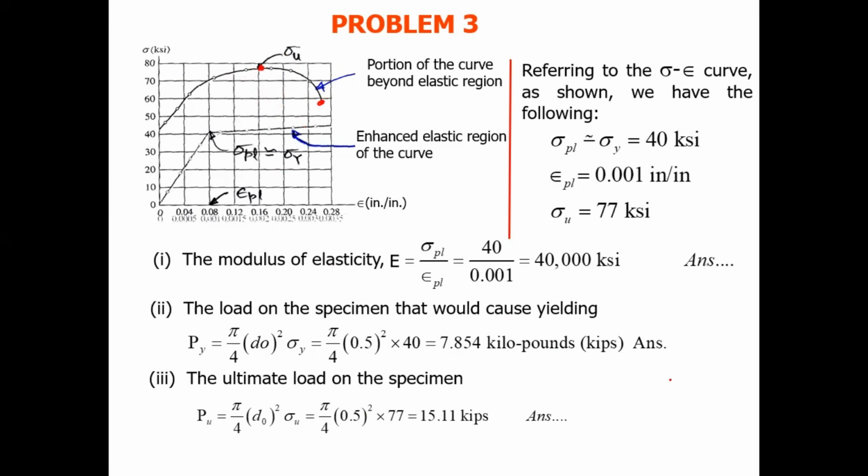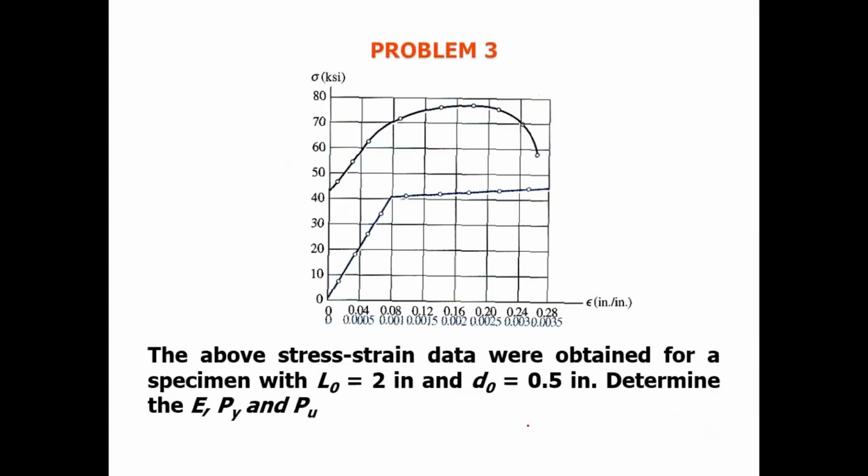Now we know that stress equals load per unit area. So when we multiply stress by area, it will give you the load. Area is unknown, and we have the diameter known. Here the diameter is 0.5 inch, so we can calculate the area.